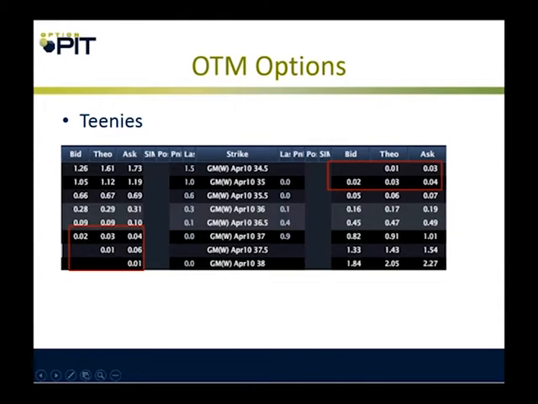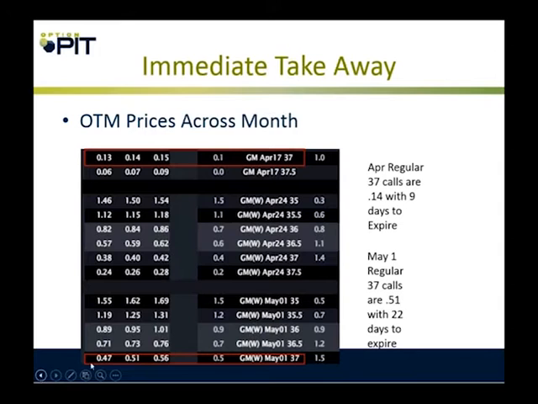You'll make more money selling out-of-the-money options further out than you will doing weeklies or strangles. I would rather sell the 37 call that expires in May than the April. I'm going to make a lot more money.